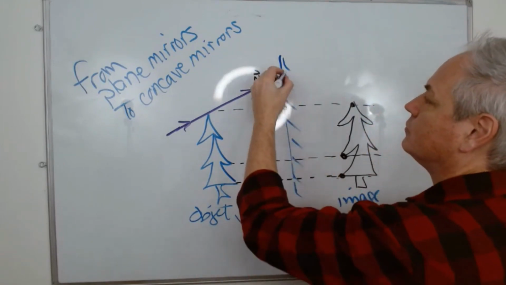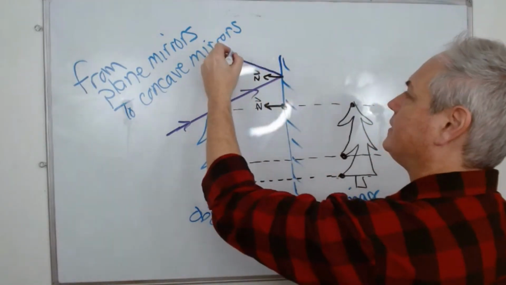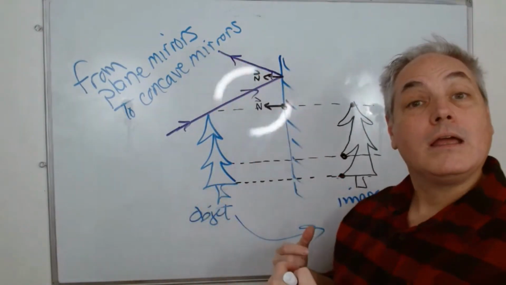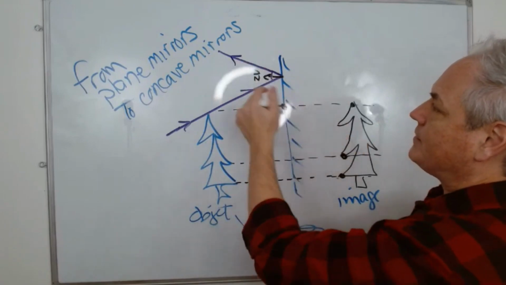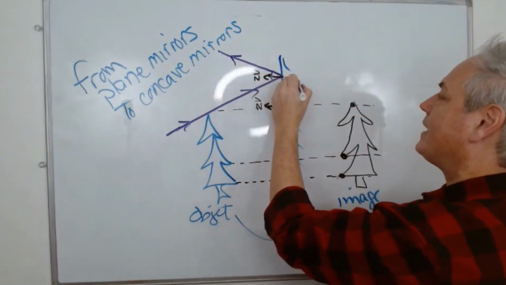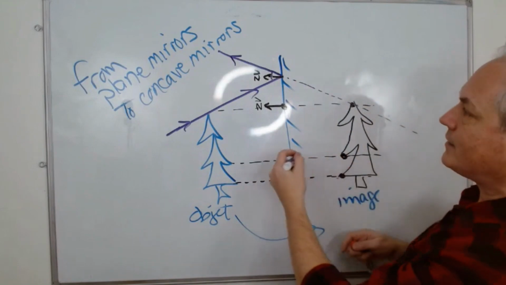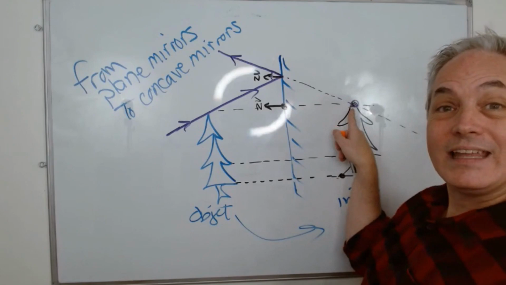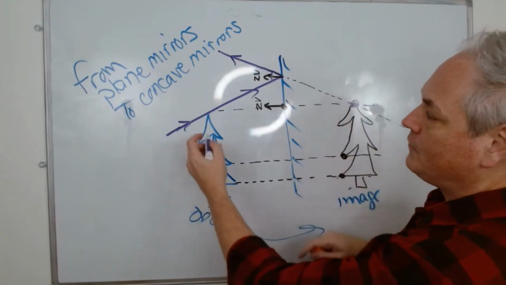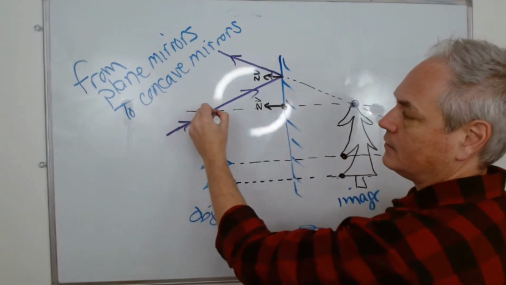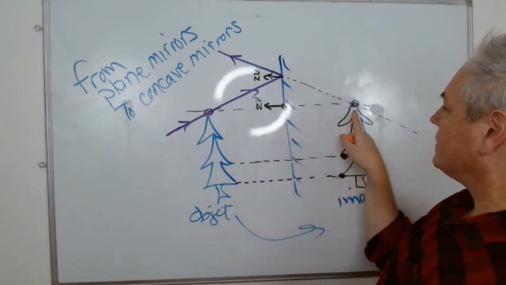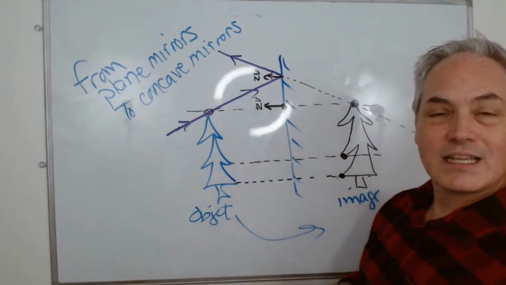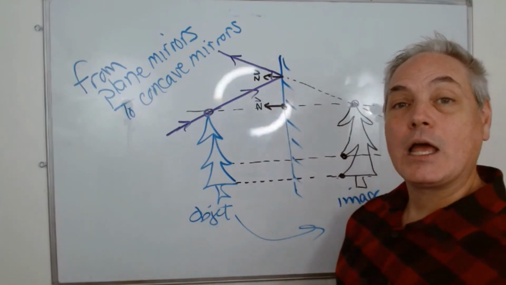We also know that the reflection will be going this way. The ray will go up this way, and if you were to extend it at the back, you could see that we have this purple line crossing this point right here. For the same reason that you have here two lines crossing, we have two lines crossing there. It is another way to know that, yes, we have the image at this place.